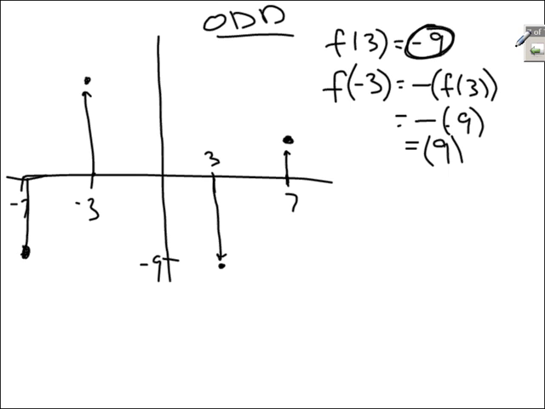So, if the graph looks like this, what you get is two reflections. You get a reflection across the y-axis and the x-axis. Which you do first is up to you. You can reflect across the x first and then the y.